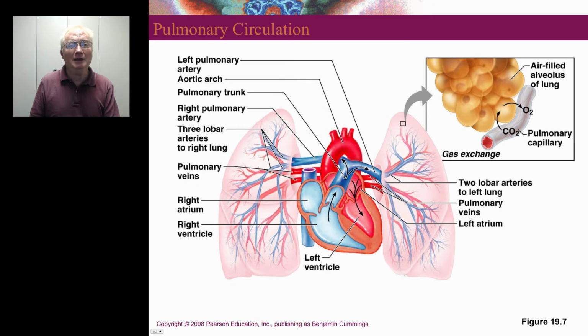That blood is coming away from the heart, so this is a pulmonary artery, even though it carries deoxygenated blood. That blood goes out to the lungs where it becomes oxygenated and then returns back to the left atrium in the pulmonary veins, and from the left atrium that oxygenated blood goes to the left ventricle where it's pumped out the systemic circulation to the entire rest of the body.